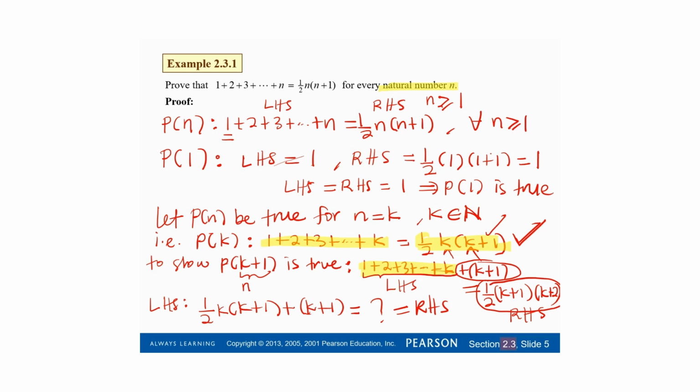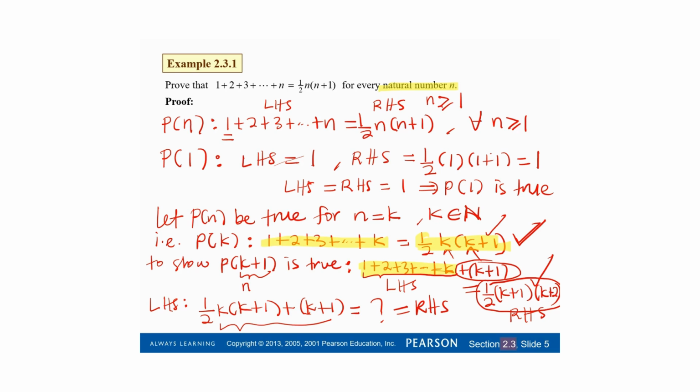Then you should be able to prove that what we have on the left can be written as this one. And if we can do so, that means we have shown that P(n) is true for n equals 1, P(n) is true for n equals k, and P(n) is true for n equals k plus 1.